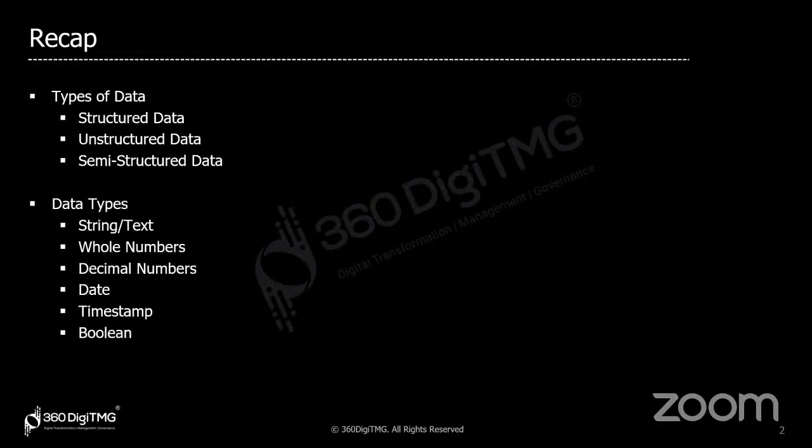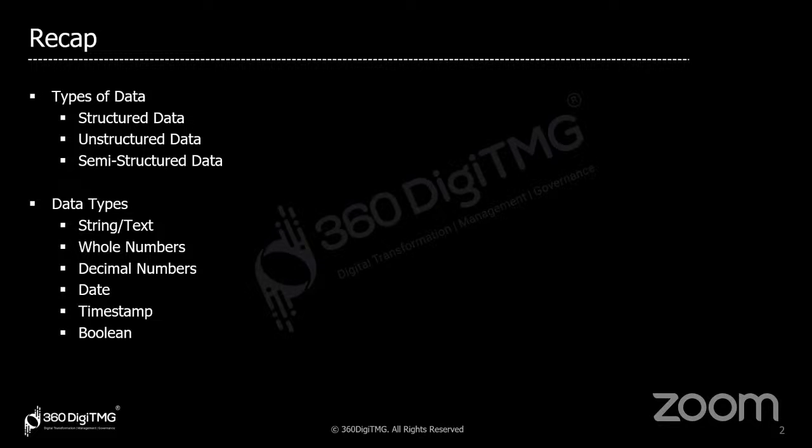Then there is something called a data type. The type of data that can be stored under each column in a structured database. So if you have marked the data type of a column to be integer, a whole number, it means into that column, we are supposed to enter only integer values.